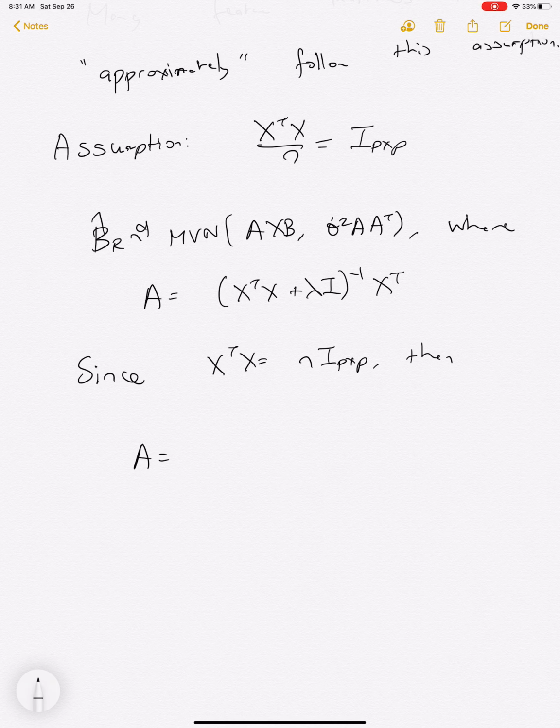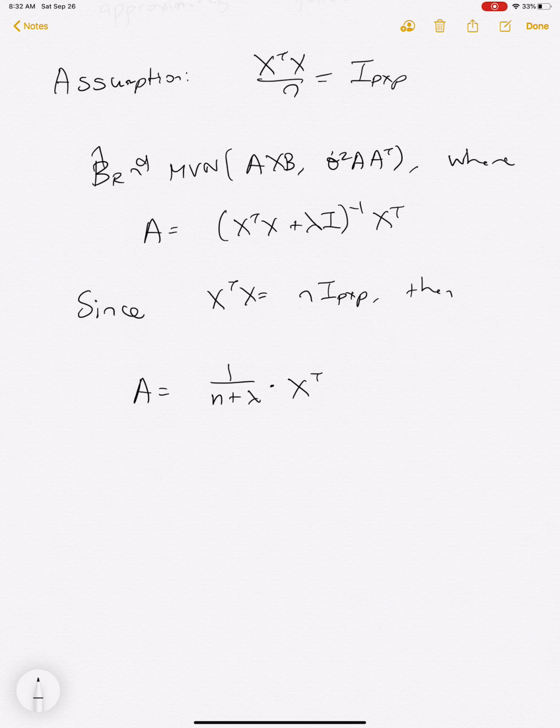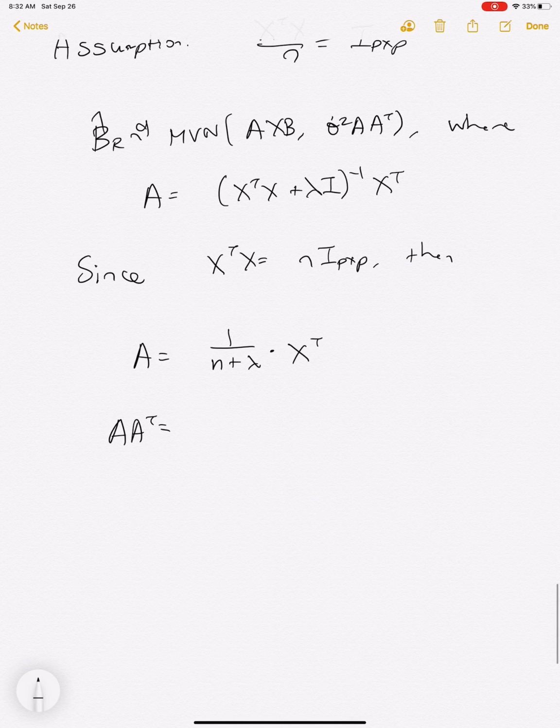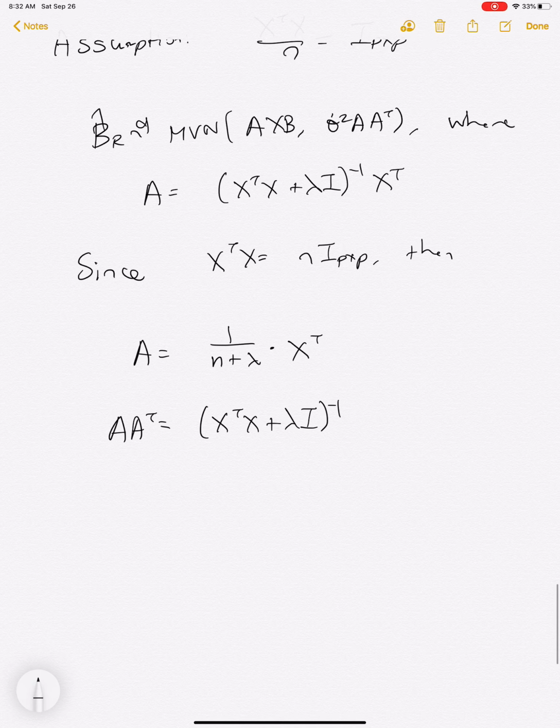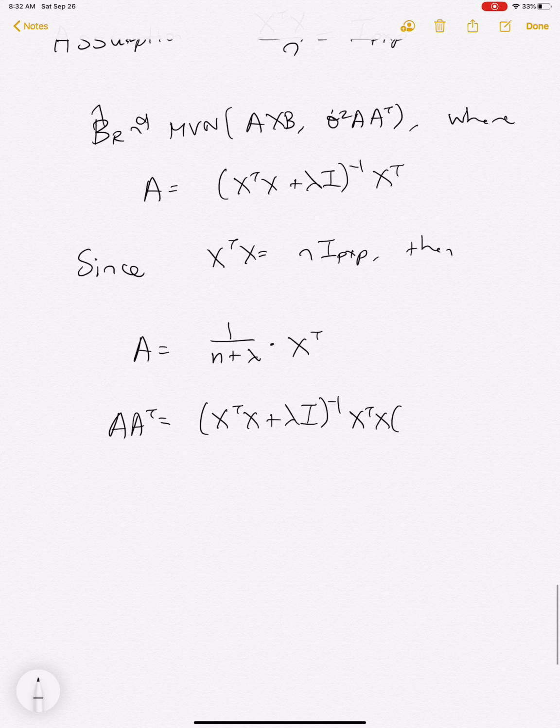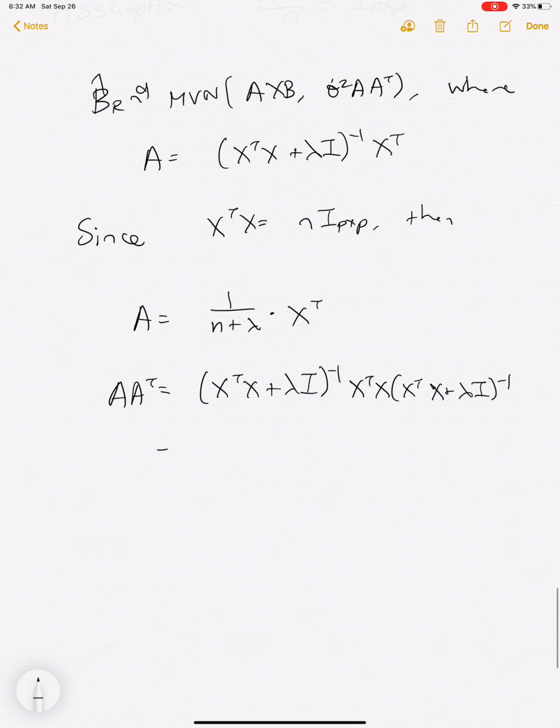you get a lot of really nice cancellations here. You get that this is just 1 over N plus lambda multiplied by X transpose, which is now our A matrix, right? And you also get that A times A transpose is, okay, a lot of really nice cancellations happen.